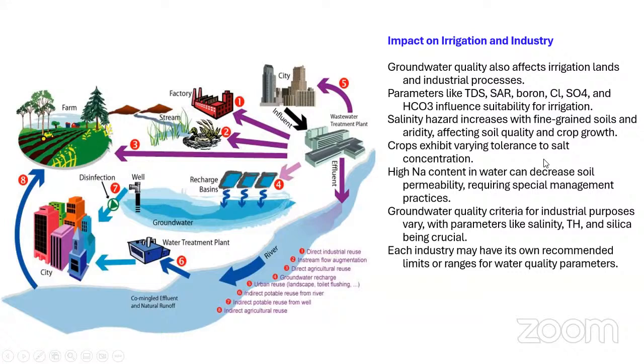When we talk about irrigation suitability, we have to concentrate on TDS, boron, chloride, sulfate, and bicarbonate parameters. Like this, we have different suitability standards based on our usage, whether it is for irrigation, drinking purpose, or industry purpose. We have to monitor or assess the major ions present in the groundwater.